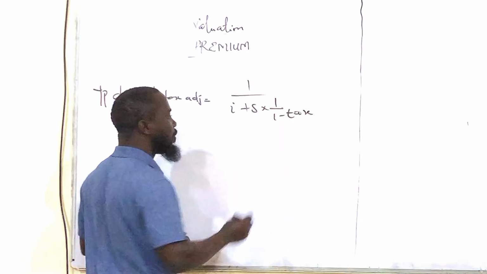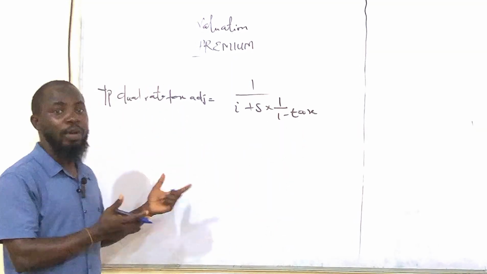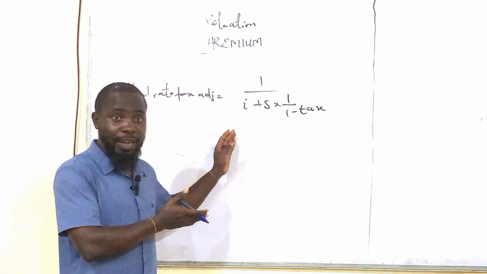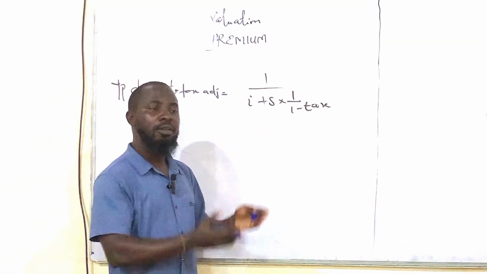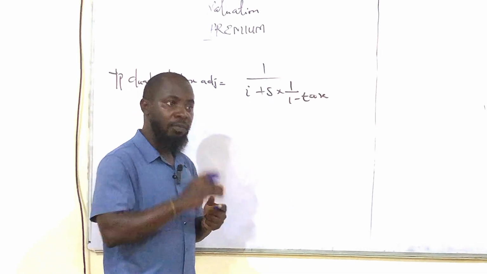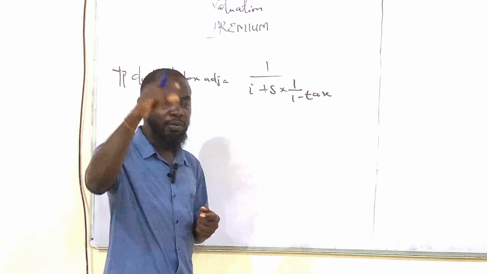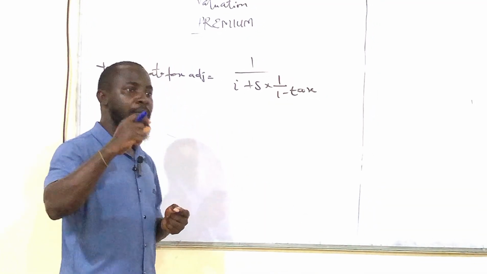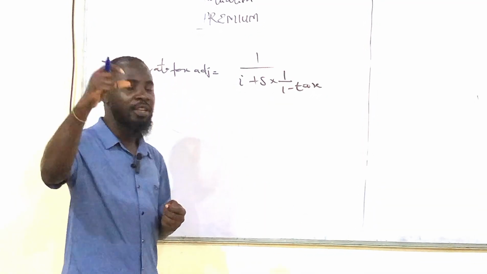This is the formula we are using for YP dual rate. Use any value you get here to multiply your rent reserve or direct rent, and you have your premium from the lessee's point of view. We have the lessee point of view and the lessor point of view, but for this class, we'll be taking it one after the other.